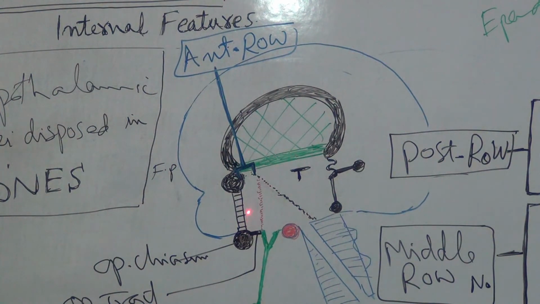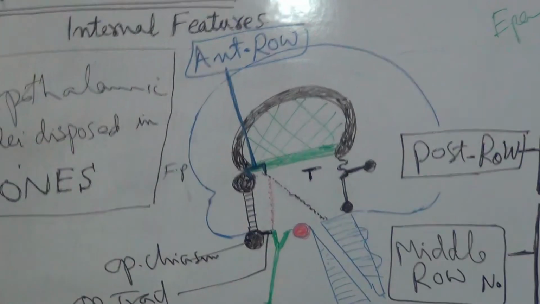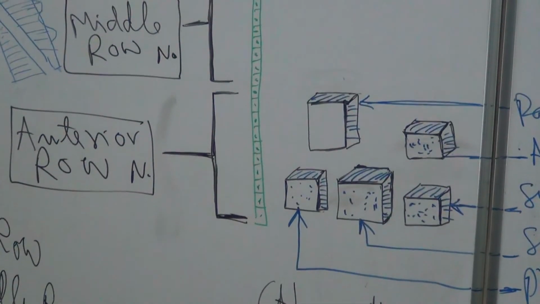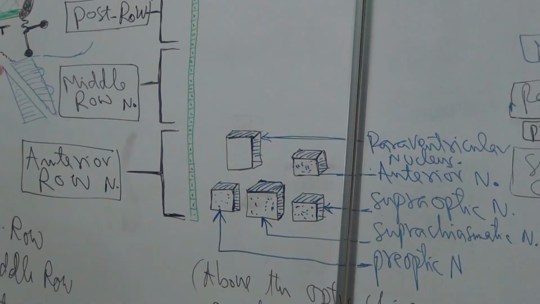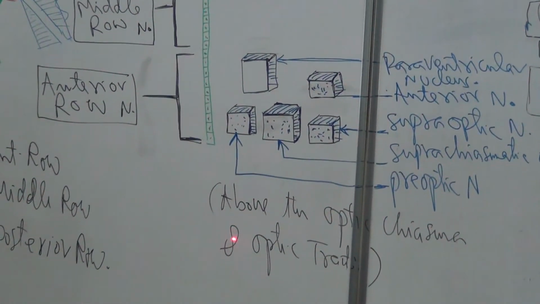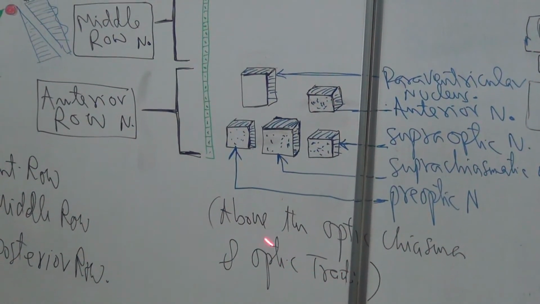Then above it, just adjacent to the lamina terminalis, is the paraventricular nucleus, and behind it is the anterior nucleus. So these are different nuclei of the anterior row, all located above the optic chiasma and optic tract.